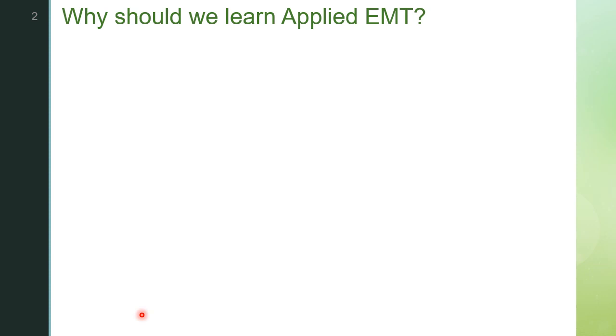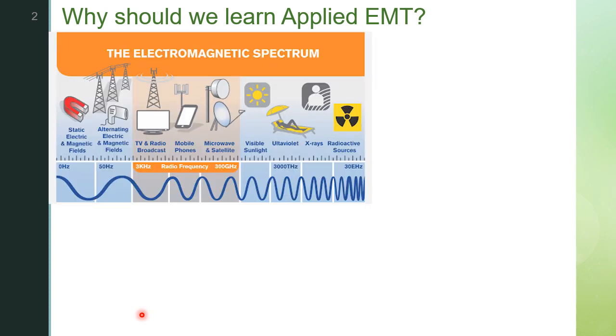So, why should we learn the subject applied electromagnetic theory? We have all heard about the electromagnetic spectrum. The electromagnetic spectrum is a range of frequencies that share some common properties and is used for particular applications.